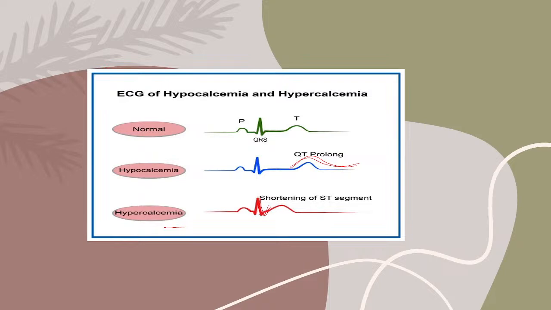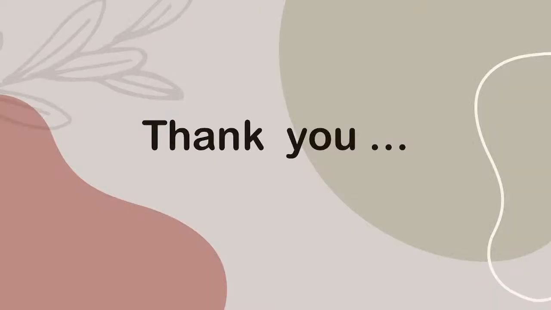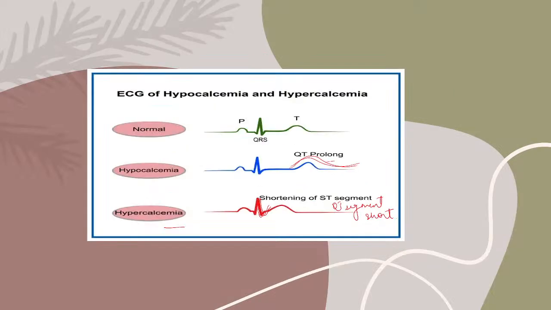All right, the QT segment would also be shortened. And in hypocalcemia, the ST interval is lengthened and QT is prolonged. All right. So this is about ECG changes in case of calcium imbalance.